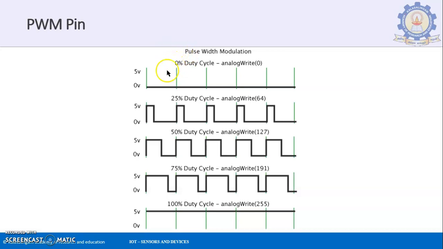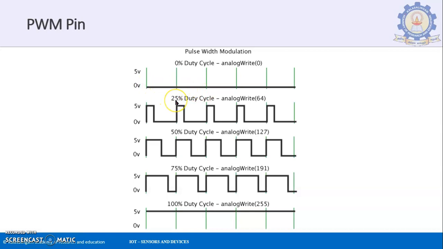The off time is 100%. So from one green line to another, the value is always 0 here.